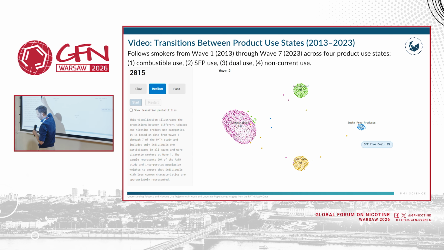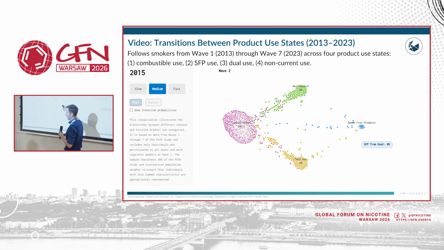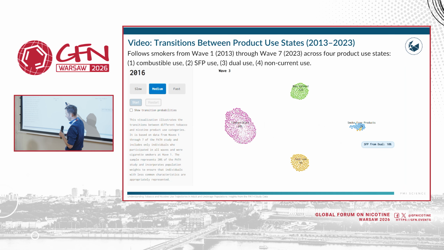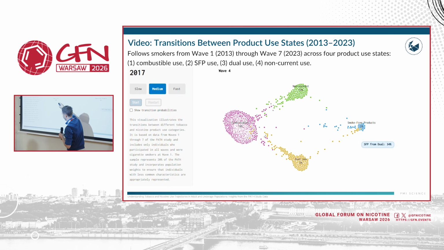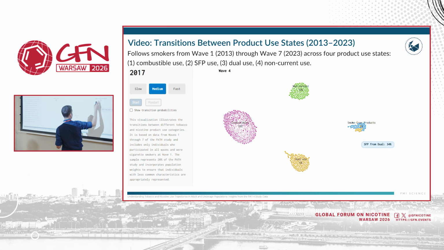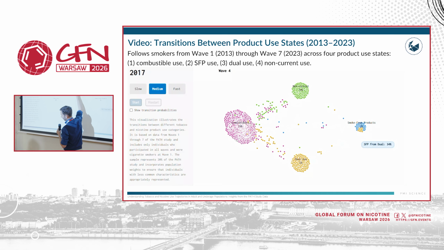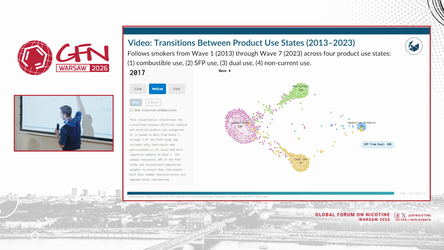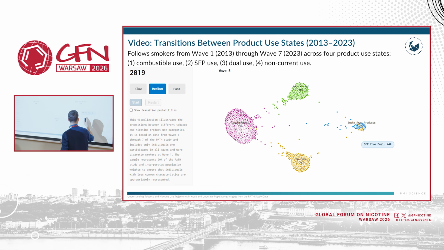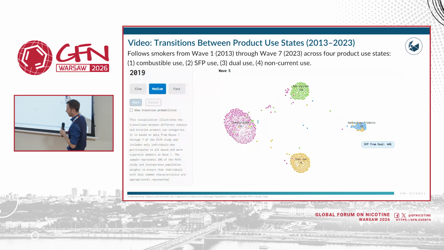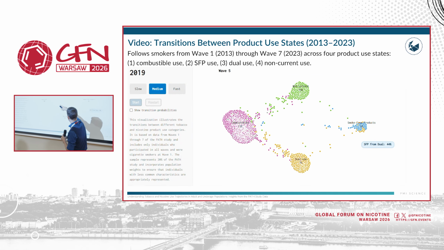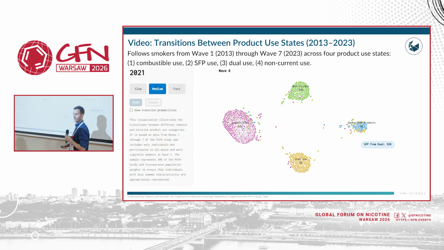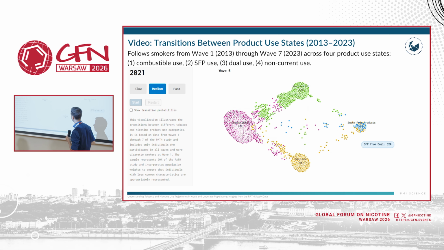We start in 2013, wave number 1, and we'll show you how these individuals, each circle being one individual, move from being a combustible smoker to a dual user, an exclusive smoke-free products user, or a non-current user, which is not using any tobacco or nicotine products anymore. And we are going to follow up the ratio of smoke-free product users who transition from combustibles through dual use and not directly from combustibles to smoke-free products. Could we start the animation, please?